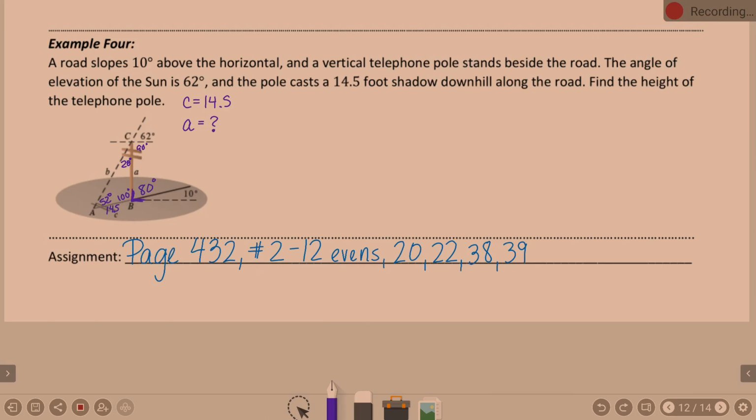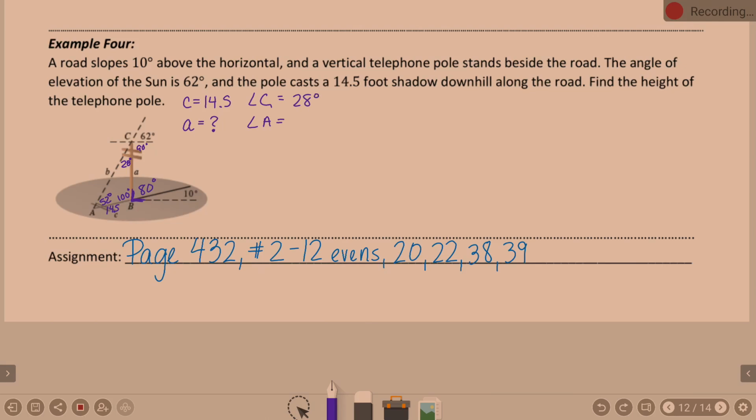Now, side C we already decided was 14.5. We're finding side A. If we're talking about sides A and C, we should also talk about angle C and angle A for our setup. What is angle C? 28.